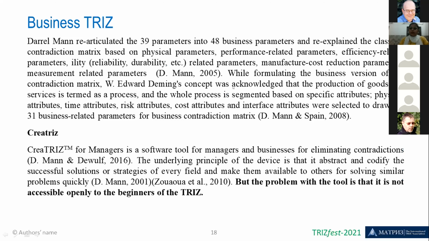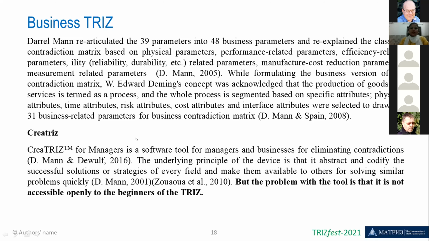So while formulating the business version of the contradiction matrix, W. Edward Deming's concept was acknowledged: that the production of goods and services is termed a process, and the whole process is segmented based on specific attributes such as physical attributes, time attributes, risk attributes, cost attributes, and interface attributes, which were selected to draw out 31 business-related parameters for the business contradiction matrix.